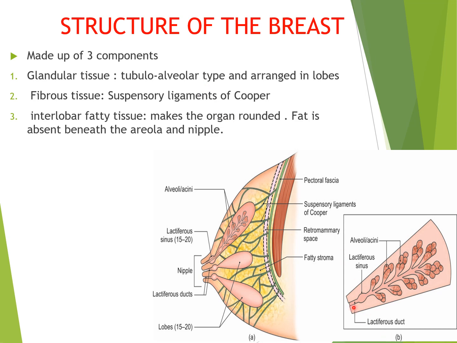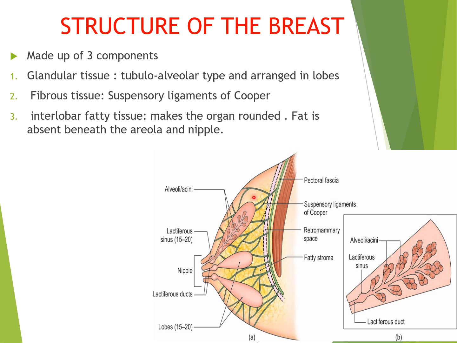That means they start as a branched tubular gland, and with further branching they eventually terminate in the alveoli or the acini. That is the meaning of the tubulo-alveolar type of gland.